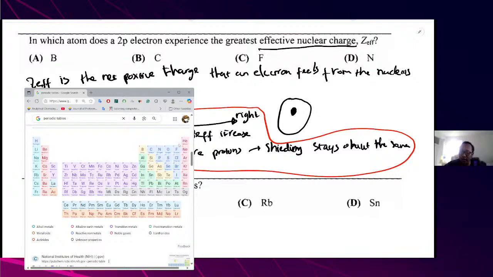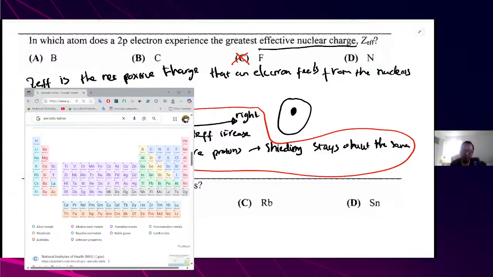Most to the right is F. It should be F, because the concept is that ZEFF increases left to right since there are more protons, but the shielding stays about the same.